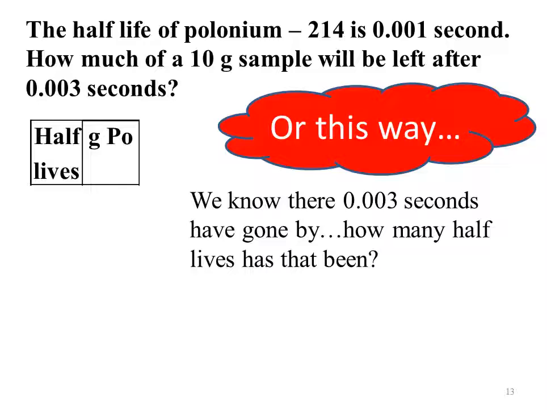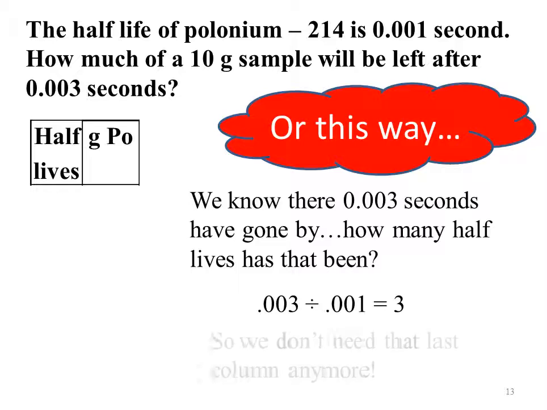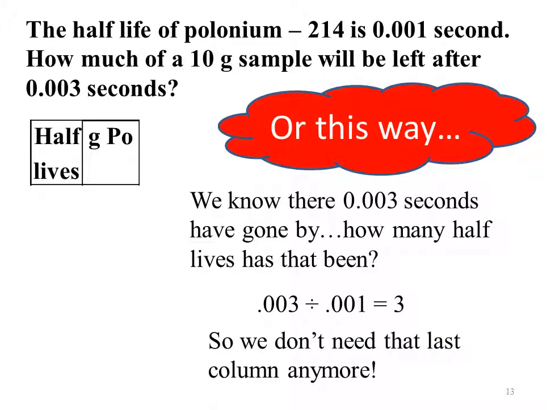So we can just shorten this a little bit by saying, okay, so we know that 0.003 seconds have gone by. How many half-lives has that been? So the way that we would do that, we would divide. So we would do 0.003 divided by the half-life, and we would get 3. Now we all know that's correct because we just did the problem. So we don't need that last column in our chart anymore.